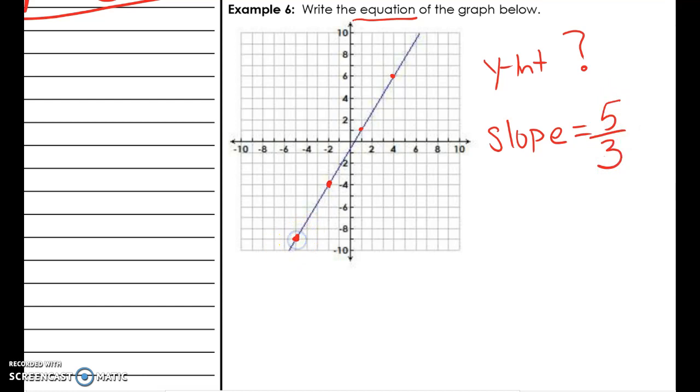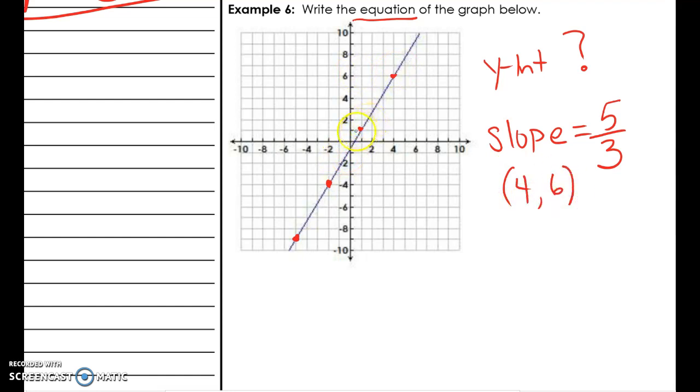Now, what I've just bolded here in red are 4 whole number points that are on this graph. Let's pick any one of them and use it to find the precise value of the y-intercept. Since it's somewhere between 0 and -1, we can't quite tell. So let's use 4, 6.